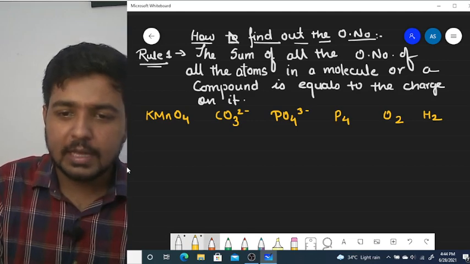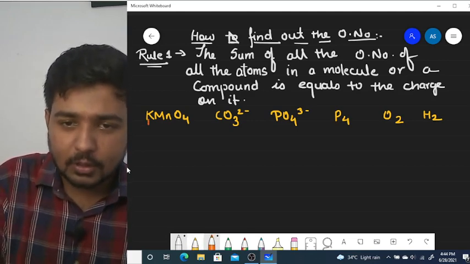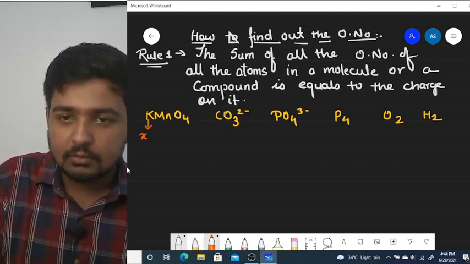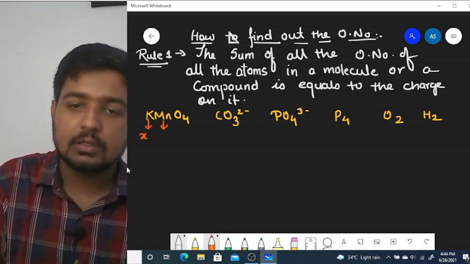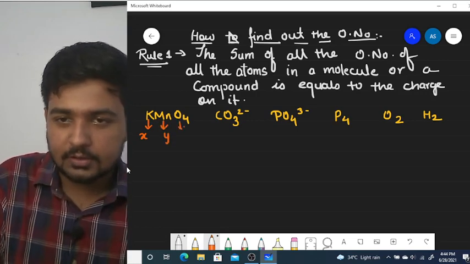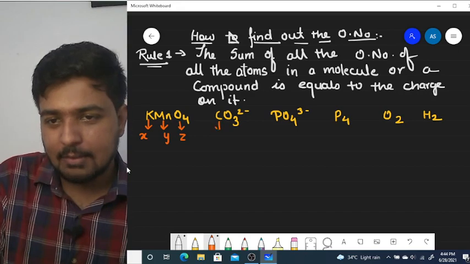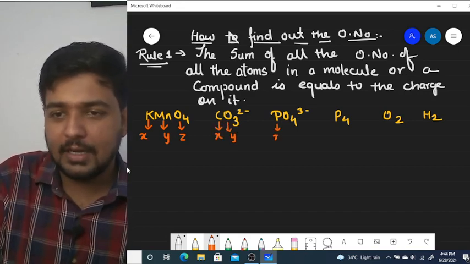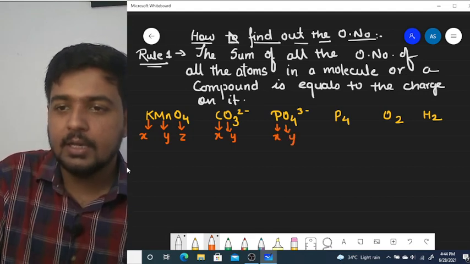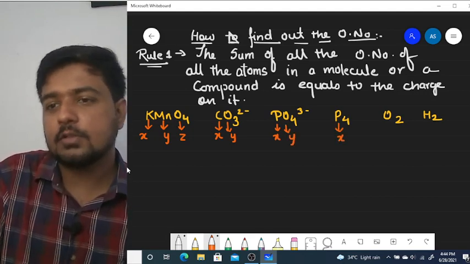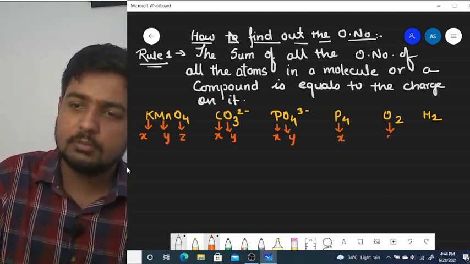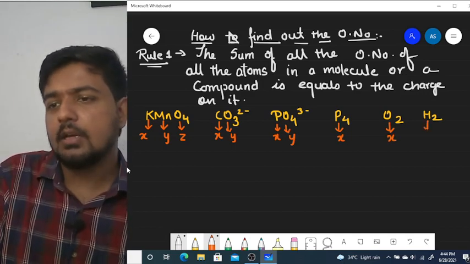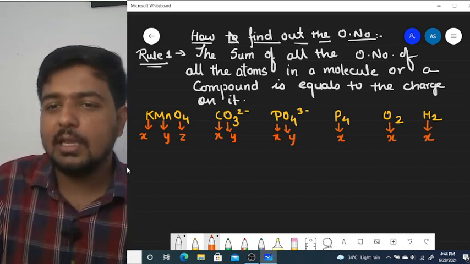Let us assume that the oxidation number of potassium here is X, manganese is Y, and oxygen is Z. Here the carbon will be X, oxygen will be Y; phosphorus will be X, oxygen will be Y. Here the oxidation number of phosphorus will be X, here the oxidation number of oxygen will be X, and here the oxidation number of hydrogen will be X.